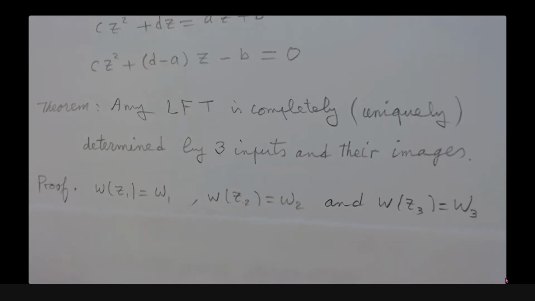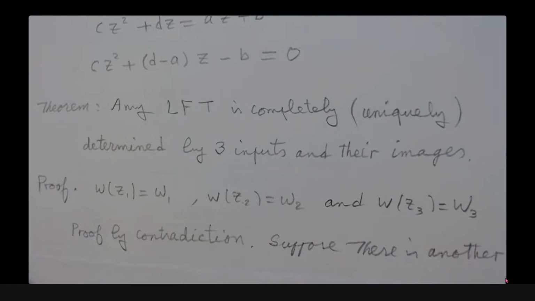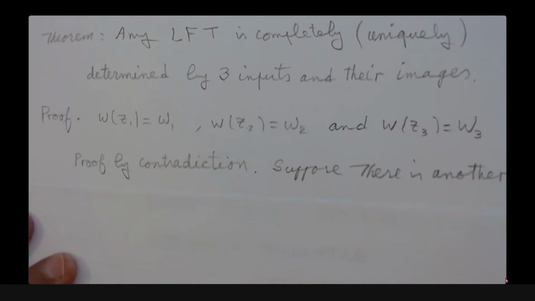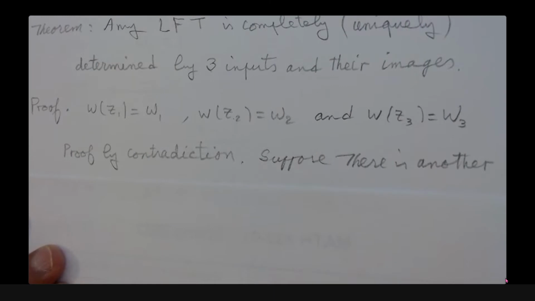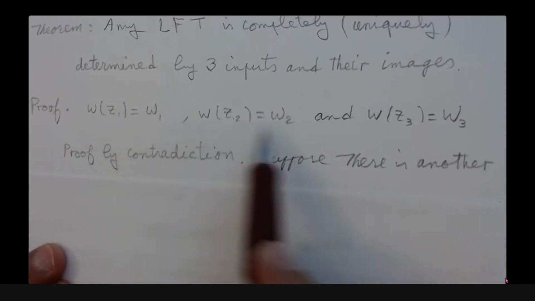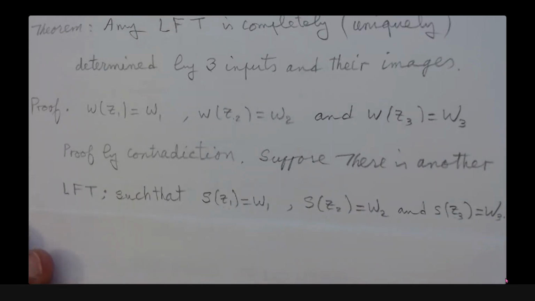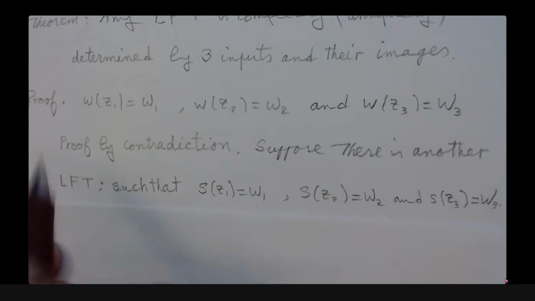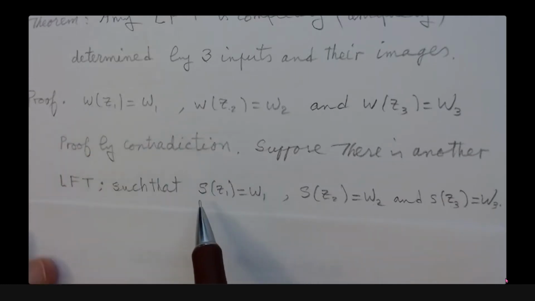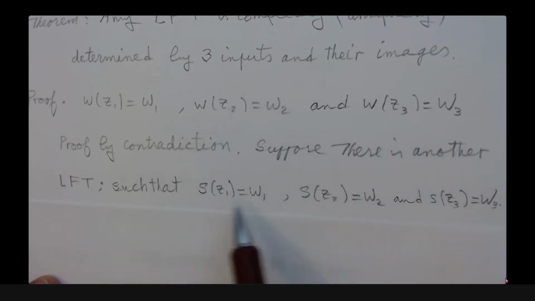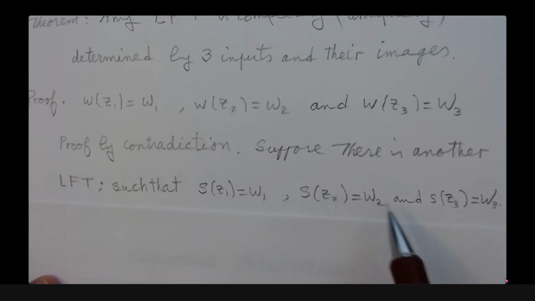Suppose we have, this is called proof by contradiction. Suppose we have two Mobius functions with these properties. One of them let's call W, the other one let's call S. Let's say S satisfies the same thing. S of Z1 is W1, S of Z2 is W2, and S of Z3 is W3.